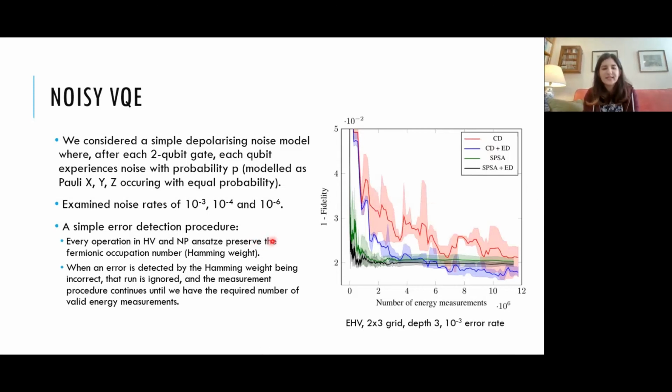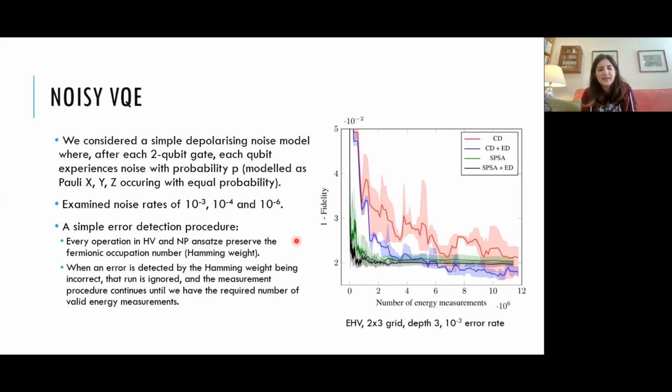So we also tested a really simple error detection procedure. The Hamiltonian is number preserving, and actually every operation in the Hamiltonian Variational and the number preserving ANSATZ also preserves the fermionic occupation number, which you could call the Hamming weight.